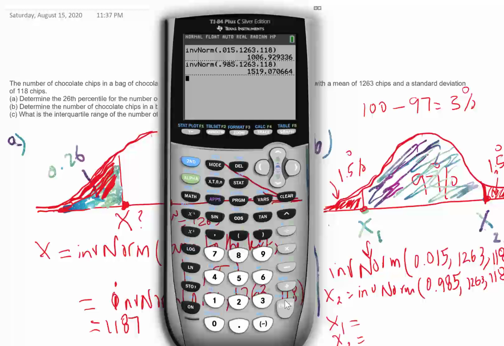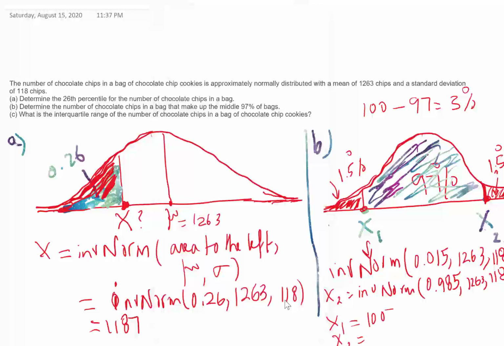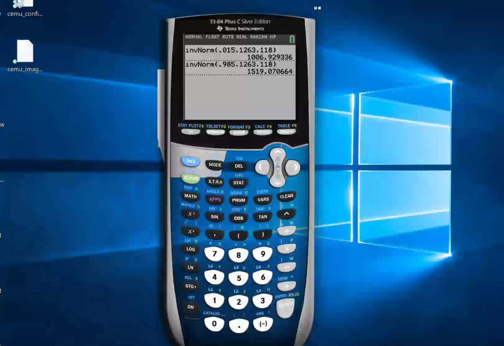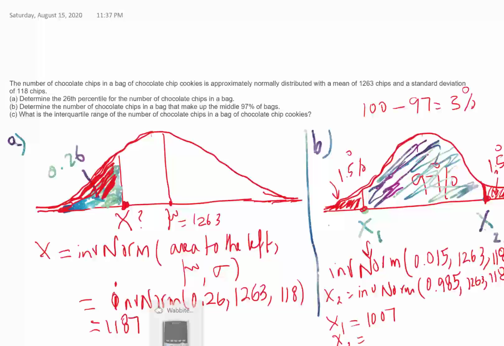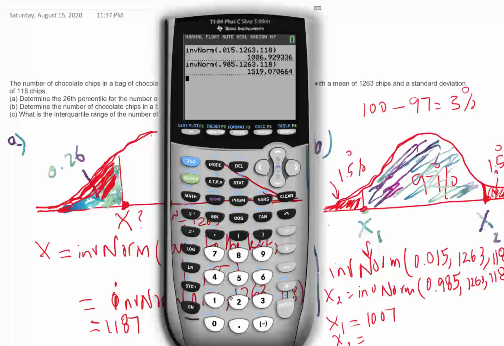So rounding to a whole number would be 1007. And the other one is 1519.